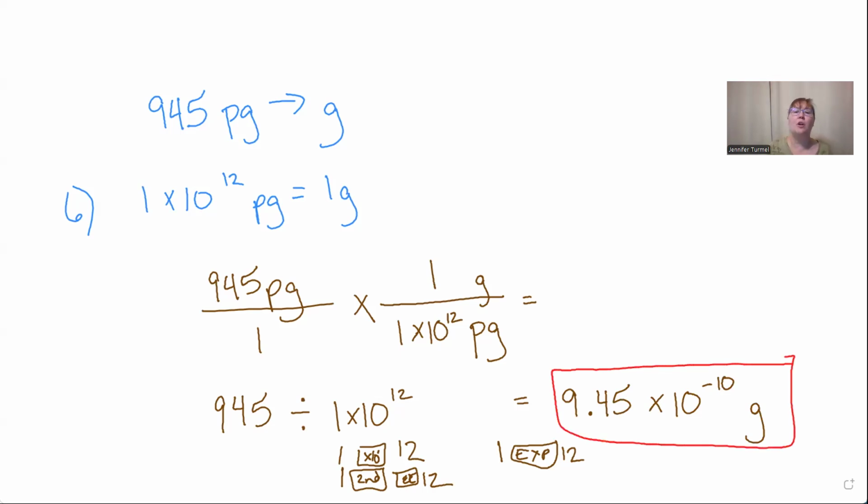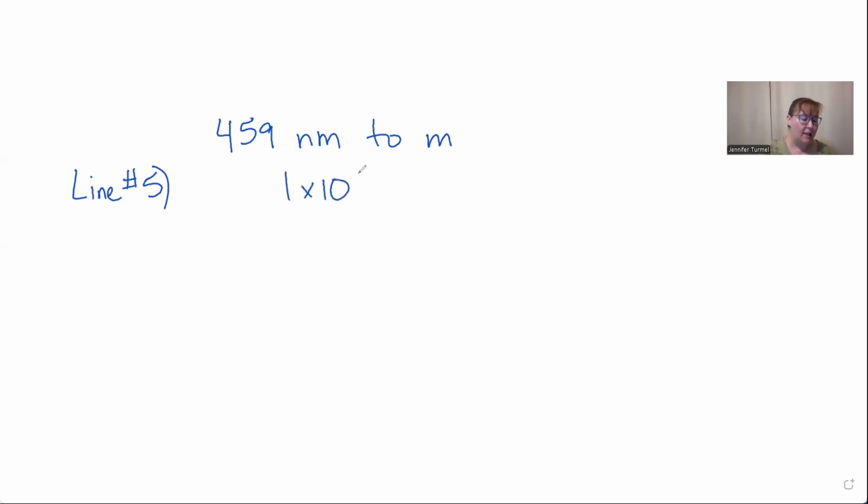All right, let's work another one. The next one here is 459 nanometers to meters. Okay, and from line number 5 in your chart above, you'll see that you have 1 times 10 to the 9th nanometers is equal to 1 meter.